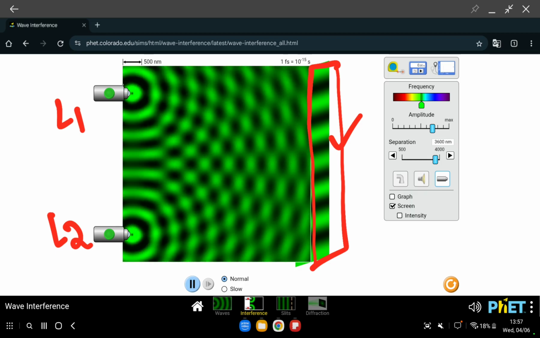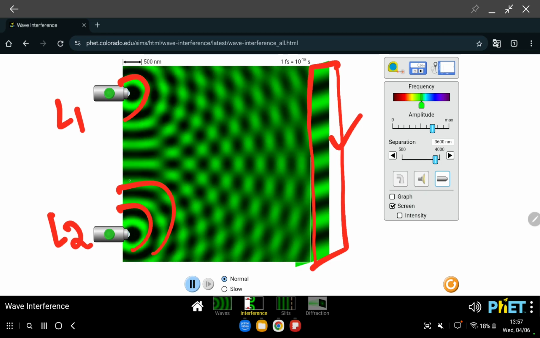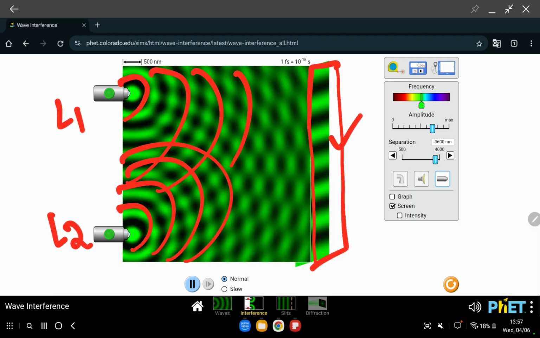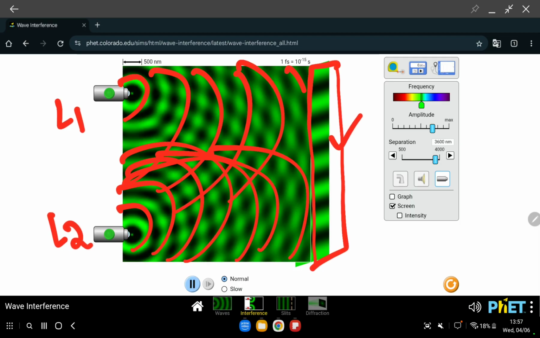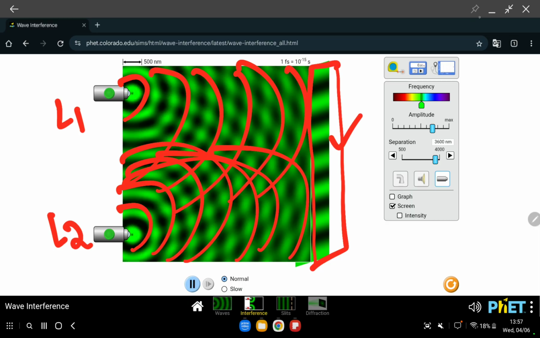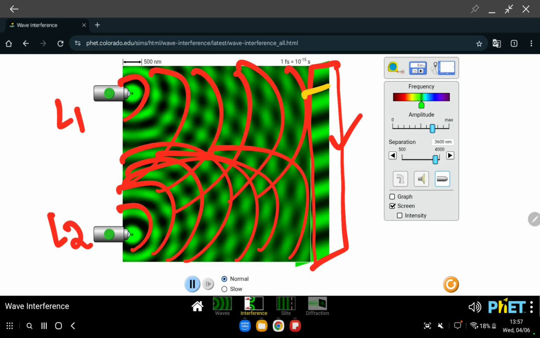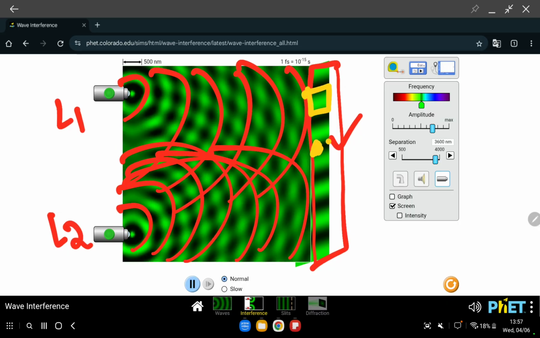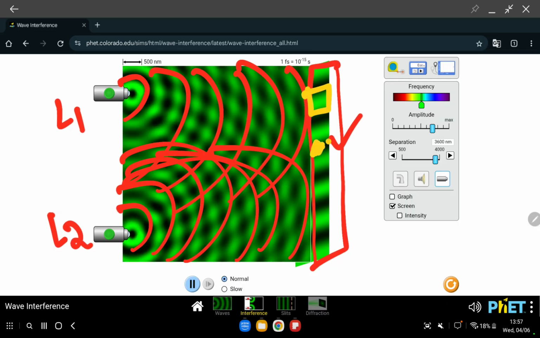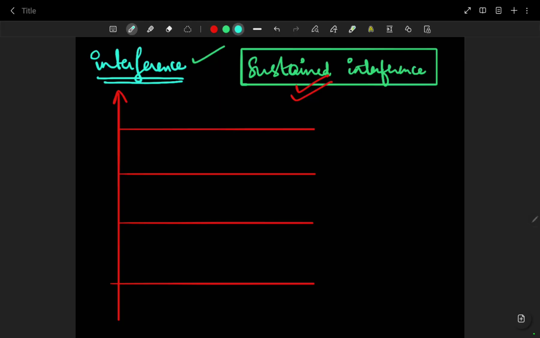Because if their phase difference is not 0, you will not be able to see the proper thing. All these waves are interfering basically, and when they interfere we get the pattern. So what makes a fringe bright, what makes a fringe dark, is something that we have to discuss now.